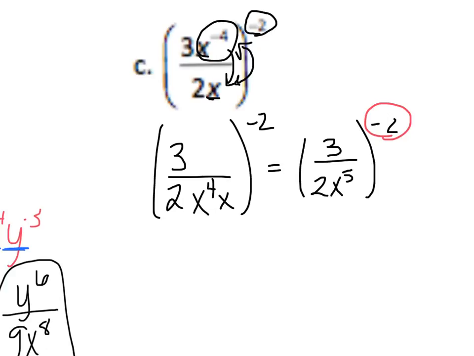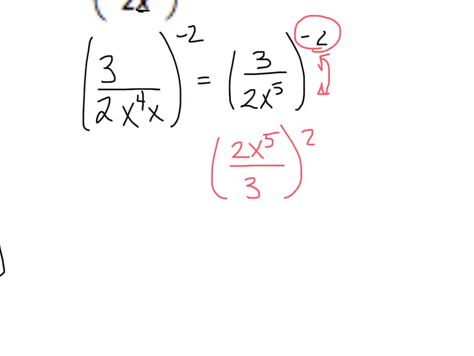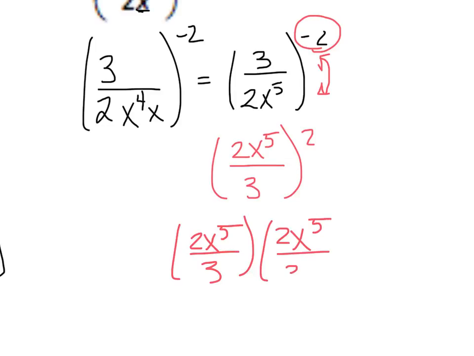Since this whole thing is negative 2, I'm going to flip the whole fraction, and nothing changes inside, except the power of negative 2 just changed to a positive 2. So I'm going to write this twice, 2x to the 5th over 3, 2x to the 5th over 3.